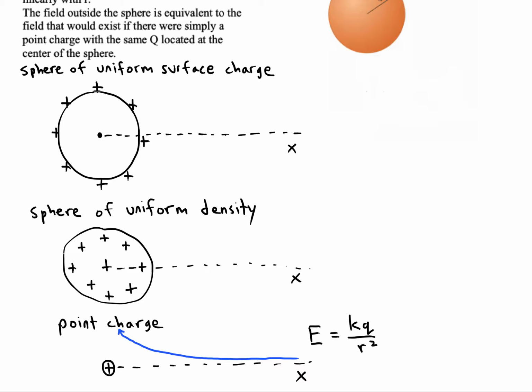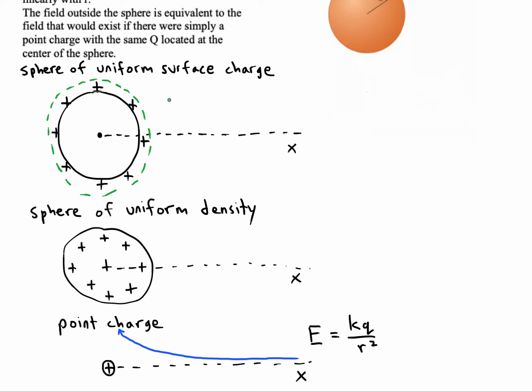So what does the electric field do for these other cases? Well, Gauss's law can be used to determine that answer. In Gauss's law, we have to choose a Gaussian surface with which to analyze our situation.